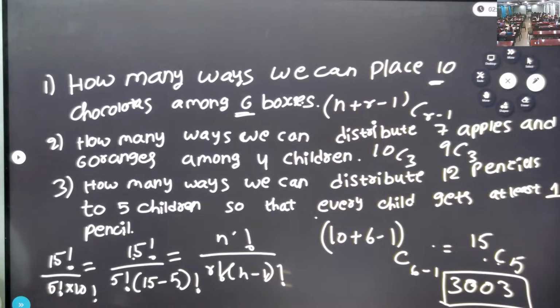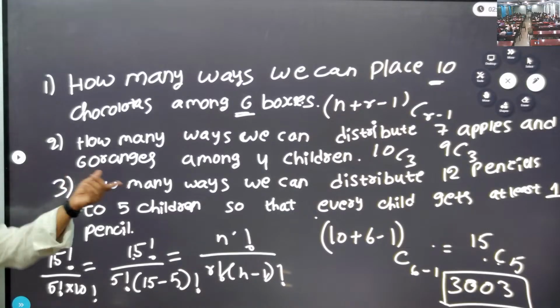What are we doing, adding or multiplying? Your formula is saying you have to go for addition or multiplication. Multiplication you have to do between these two equations.